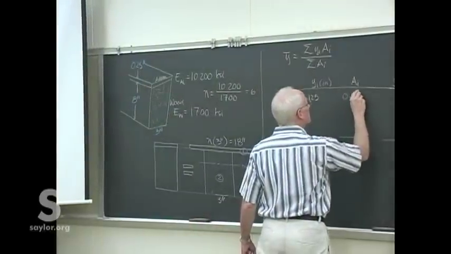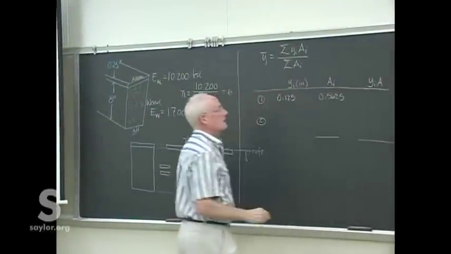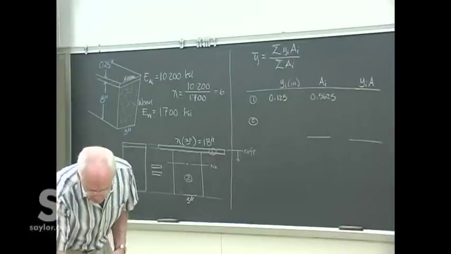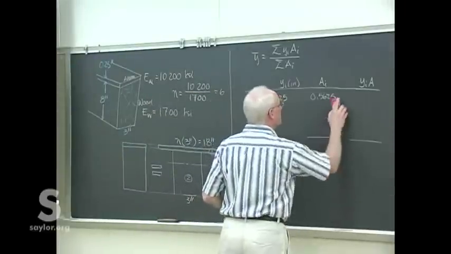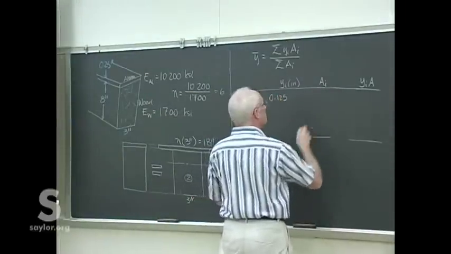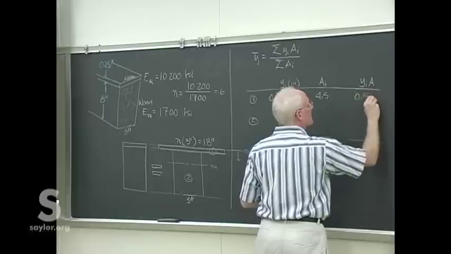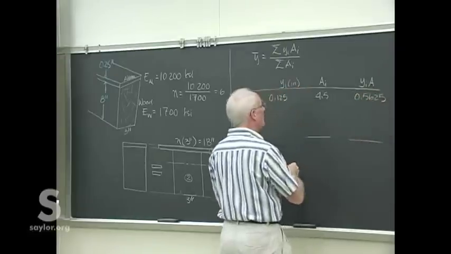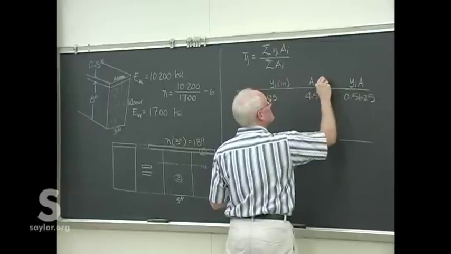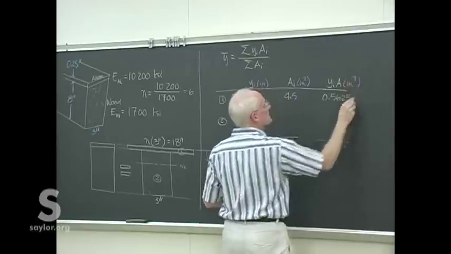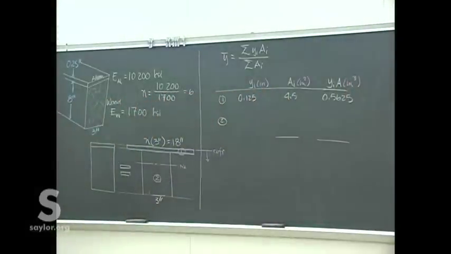Is that right, John? No, I looked at the wrong one. 4.5. It's the product that's 5625. And that's inches squared there, inches cubed there.